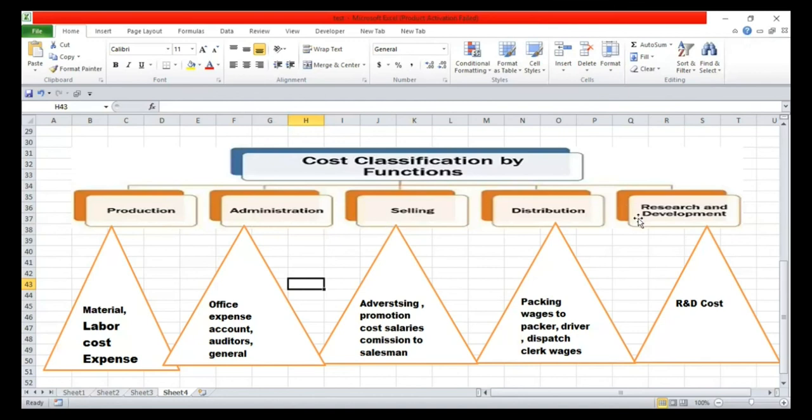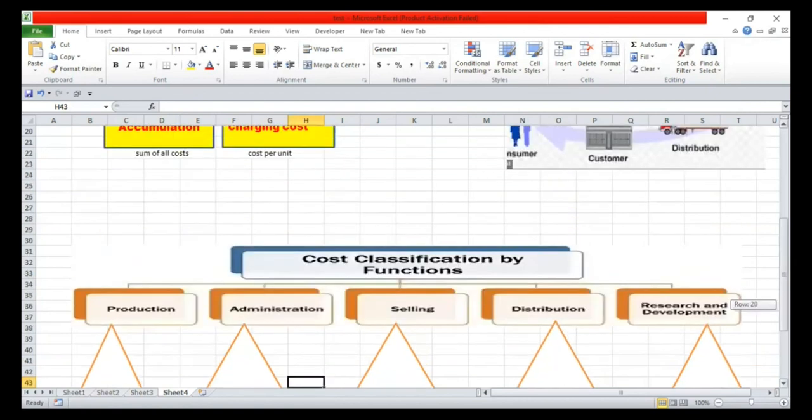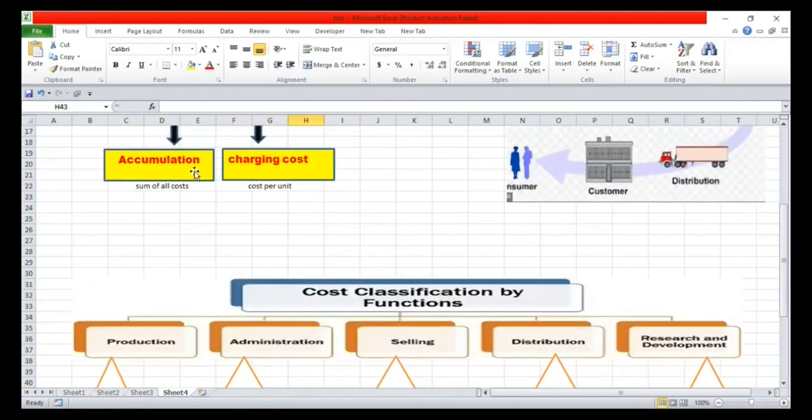So guys, these are the different costs which we incur during this process, and the first task of cost accounting was accumulation of cost, which we did here. We determined what kind of cost we need to accumulate, and when we accumulate our cost and associate those costs with our products and services, then we perform different analysis on it, like what the amount of our sales will be and what the profit will be if we sell our product at different prices.